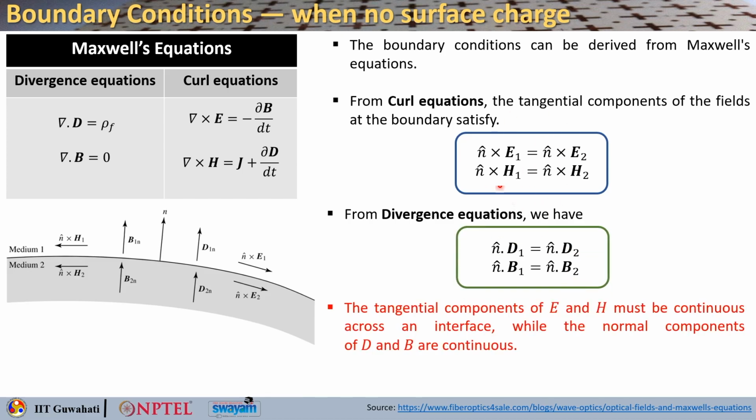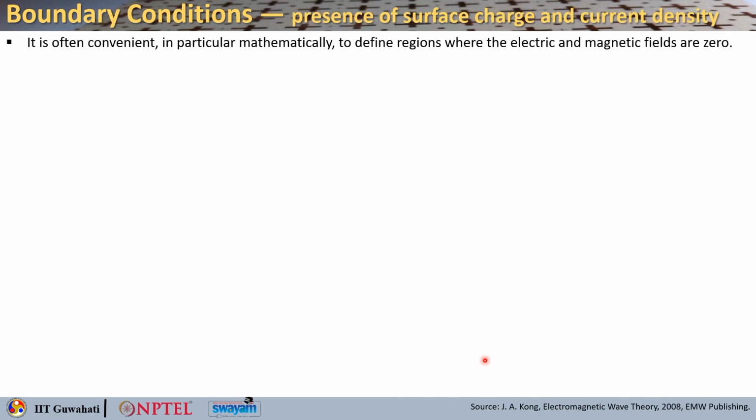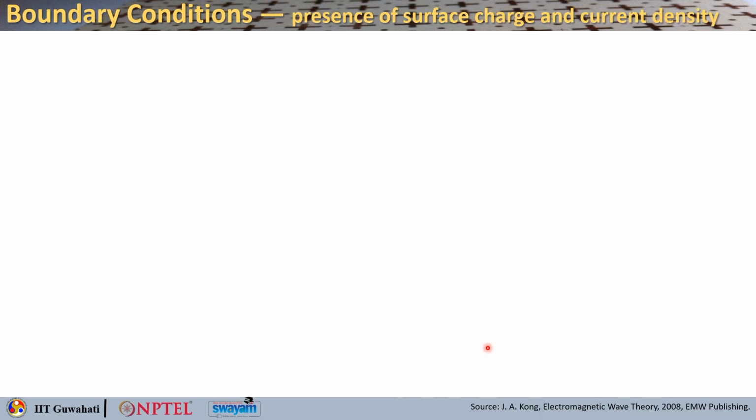The first two, the tangential components, come from the curl equations, and the divergence equations give you the other two boundary conditions. The takeaway message is that the tangential components of the electric and magnetic fields must be continuous across an interface, whereas the normal components of D and B should be continuous. That is how the boundary conditions were obtained when no surface charge was present.